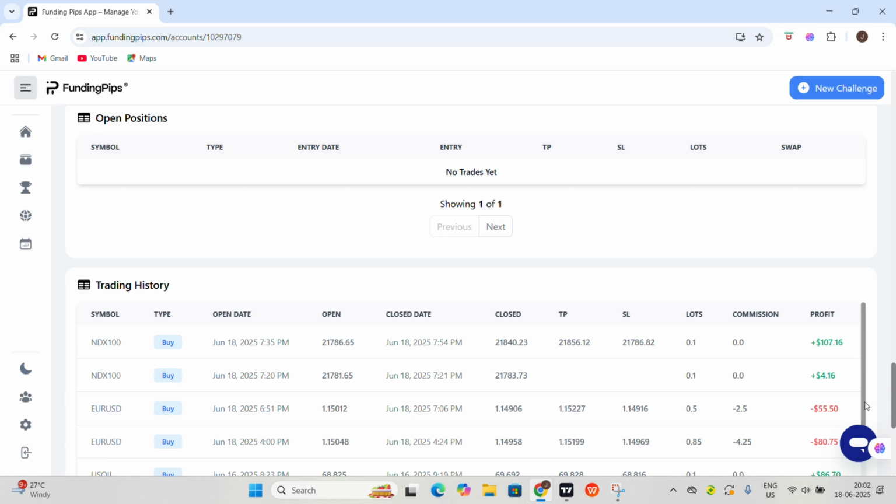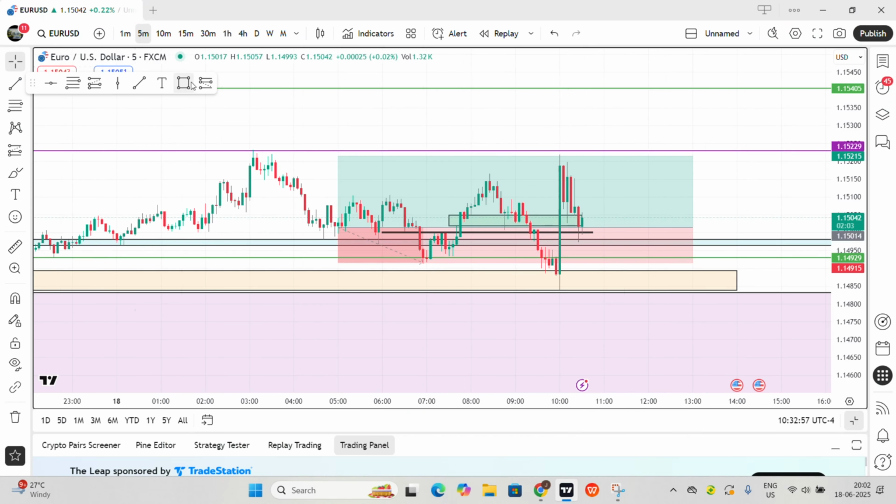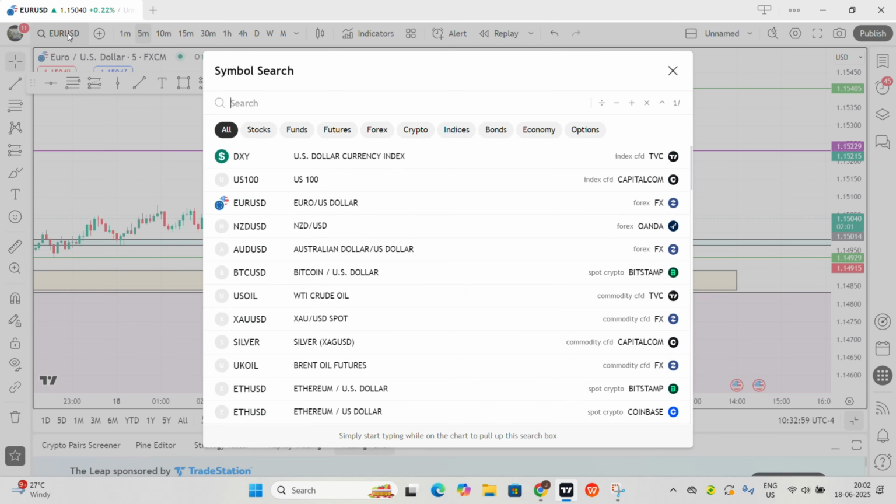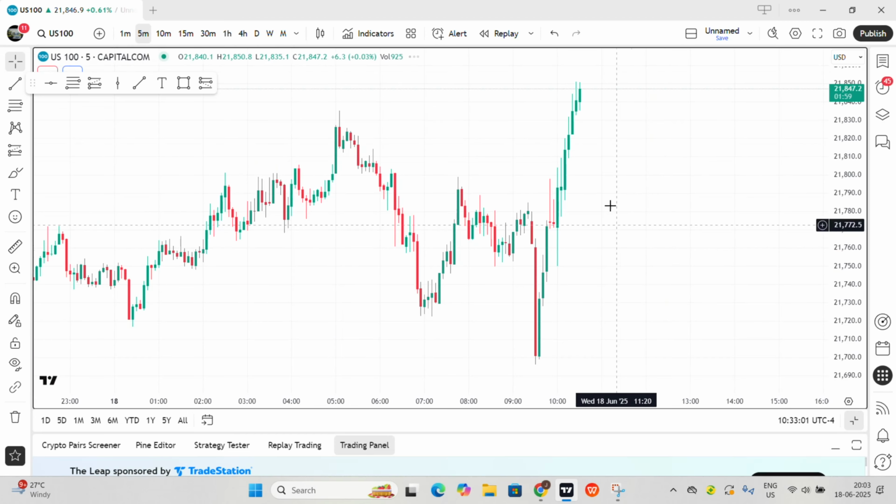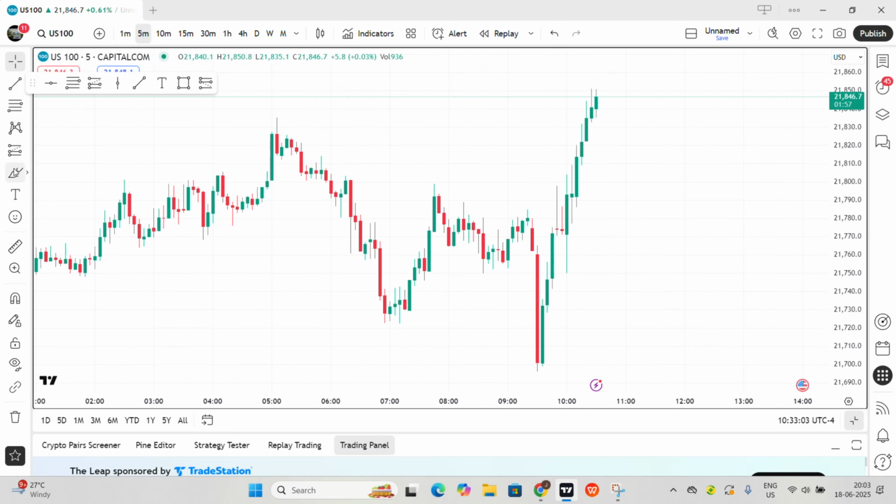So I put on the trade, and I forgot to turn on the screen recorder, so I could not record this trade. And it was a trade that moved rather quickly. I'll show you the chart. Where's the chart? US 100. See right here, this was the trade.